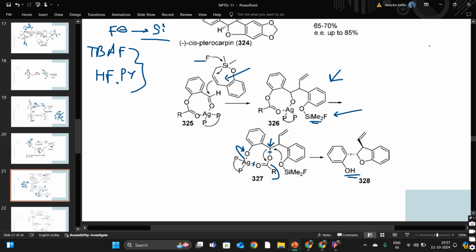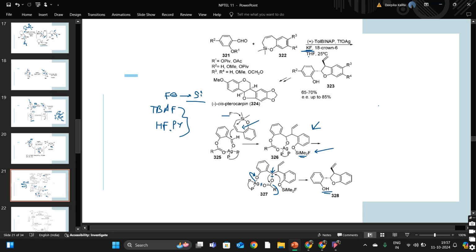Okay, so this is how, in presence of silver triflate catalyst and potassium fluoride salt, we get this particular product.